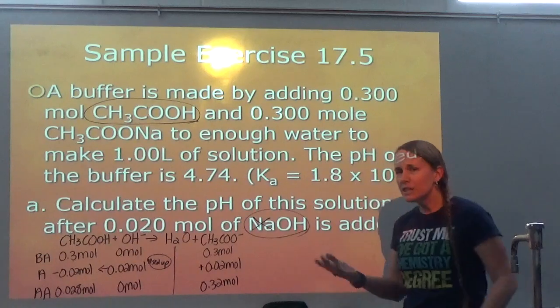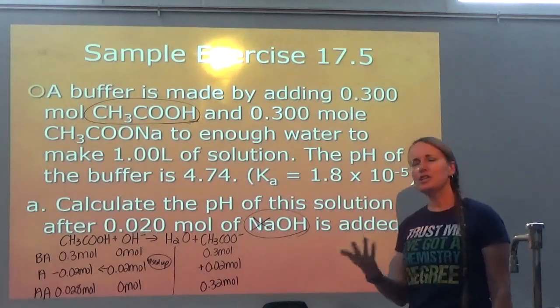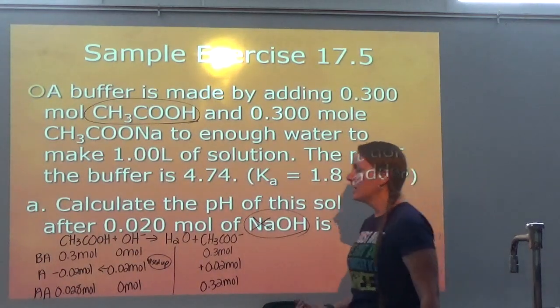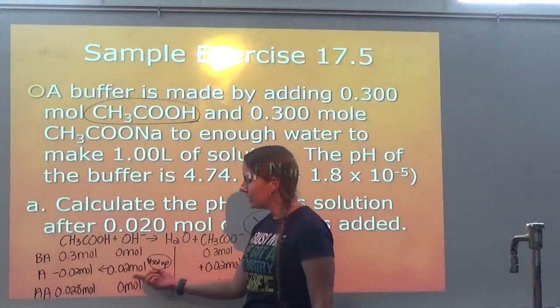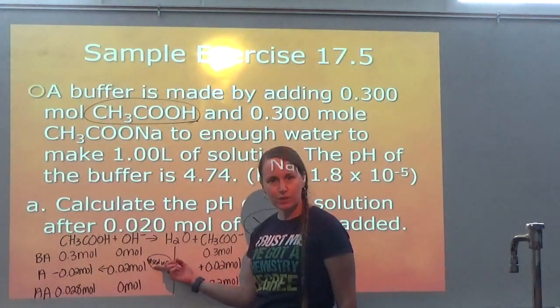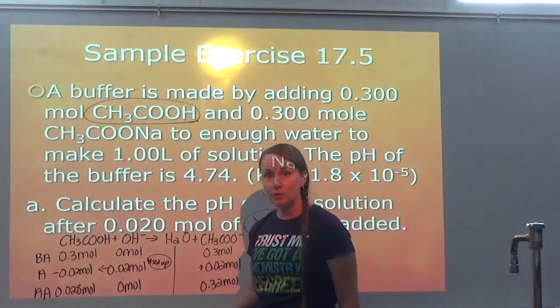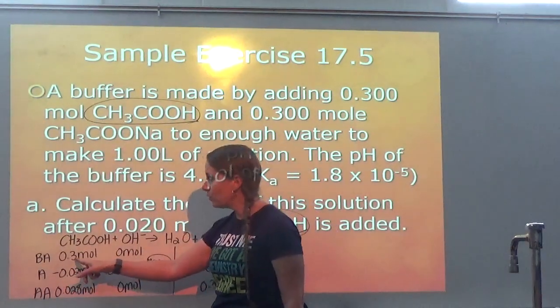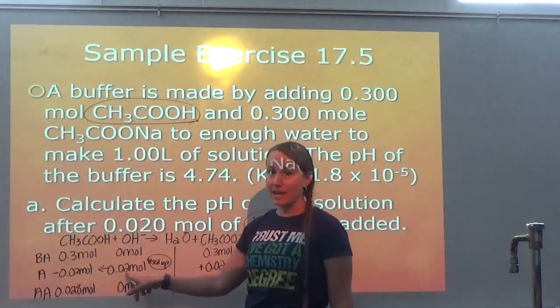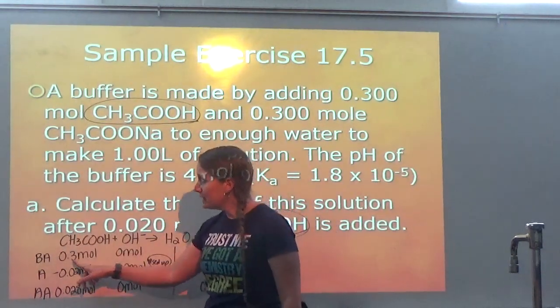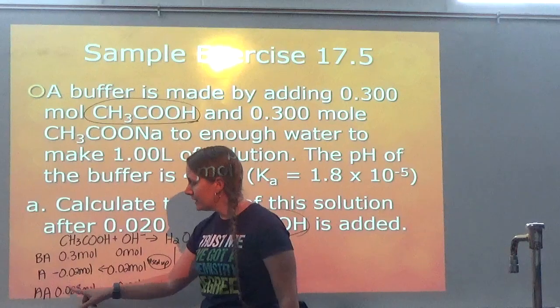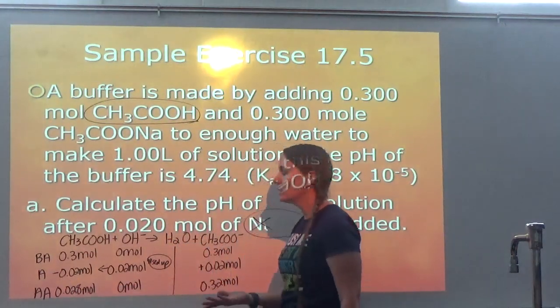Let me explain this BA chart again because it's kind of tricky and different from an ICE chart. Once you know what your addition is, that whole addition is going to be used up, and you're still going to end with 0 because I have enough moles of acid to neutralize that amount. So I subtract that amount from the acid, so that I'm left with the 0.28.